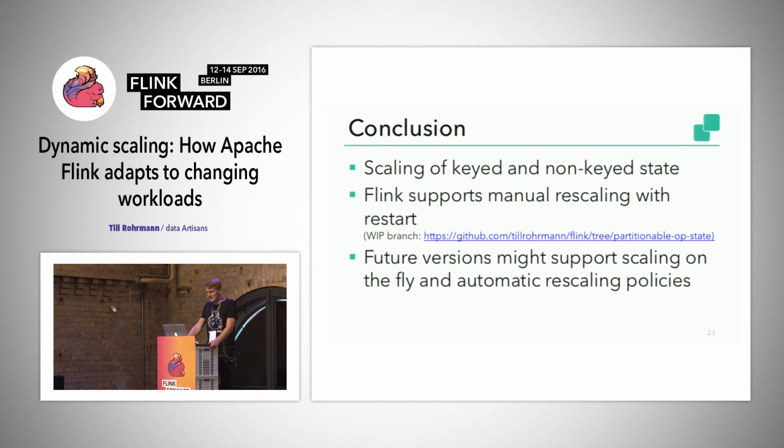It could be the case that once you start writing a job, you think it will never exceed a parallelism of 10, for example. So I set the number of key groups to 10, and later you realize that now actually you need like 20 subtask instances to cope with the workload.